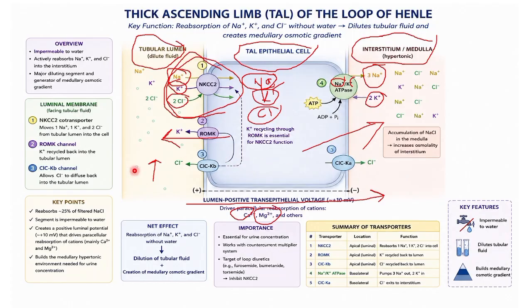That's why a diuretic that impacts this channel, like the loop diuretics, always inhibits this channel. And if you inhibit this channel, it means you will excrete sodium ions, potassium ions, chloride ions, calcium ions, and magnesium ions.